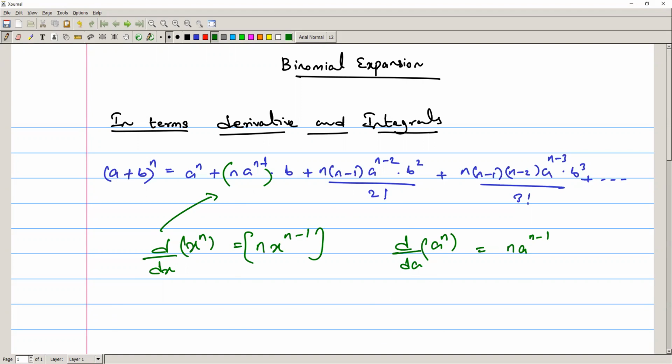And see here, in this part, if we again differentiate this function, that is, if we do d squared over dA squared of a to the power n, again we are going to get n into n minus 1 times a to the power n minus 2, and so on.